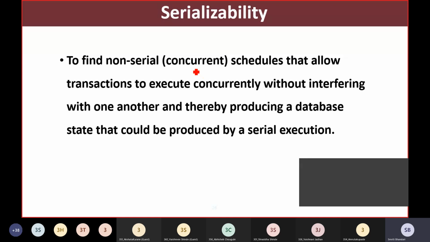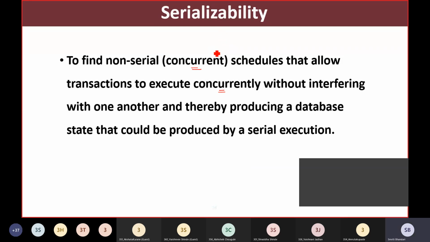You please take down this definition. Okay. So, to find non-serial or concurrent schedules that allow transactions to execute concurrently without interfering with one another and thereby producing a database state that could be produced by a serial execution.